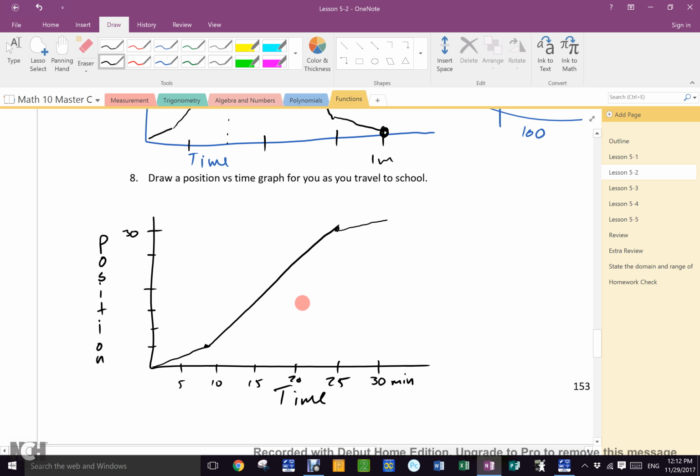Okay. Now, all you guys would have something different for there. If you walked, you have a lot of time and very little distance covered, yes? Depending on how you scale the graph. Everybody cool? All right. Good job, everyone.